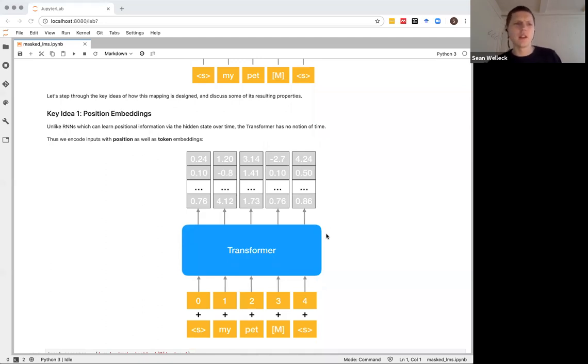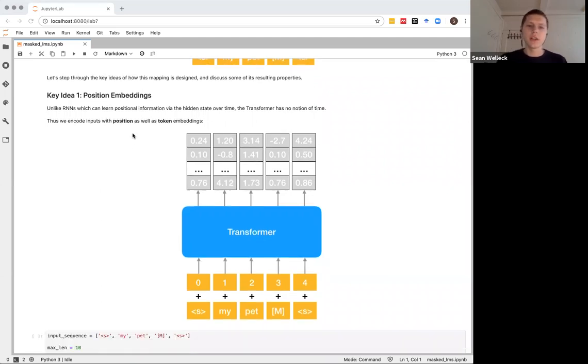Okay, so the first key idea in transformers is these position embeddings. Unlike the RNN, which had some notion of different time steps determined by the hidden state, this transformer is not going to have a sequential notion.